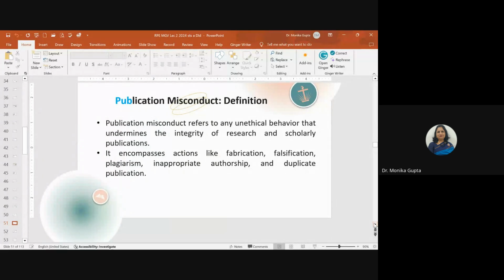These include fabricating data, falsifying results, plagiarizing the work of others, attributing authorship inappropriately, and publishing duplicate research without proper disclosure. Such misconduct erodes trust in the research community and hinders scientific progress.